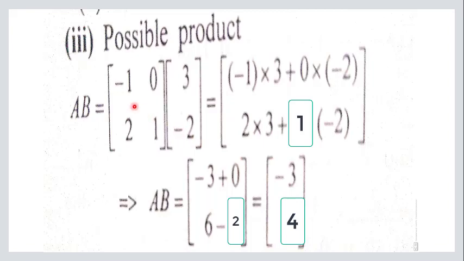What you need to do, just look for the first row. First row is this -1, 0.